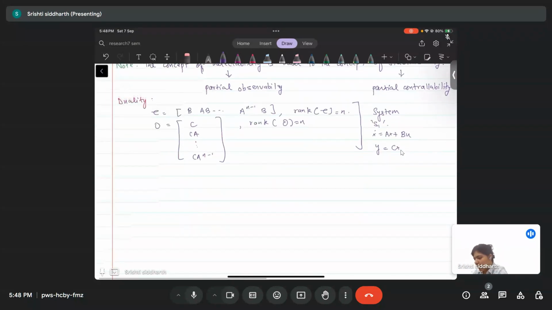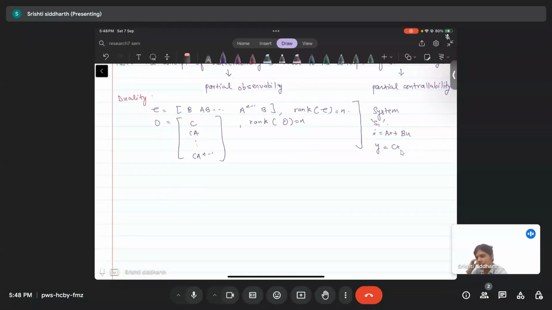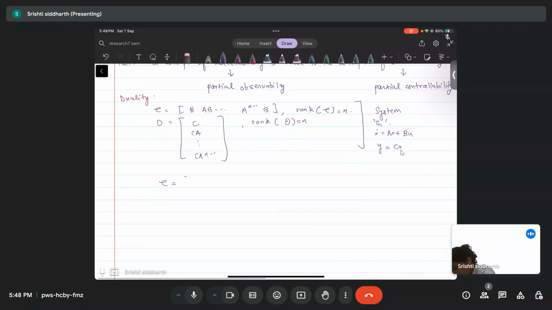And now let's define another system S2. For that case, the controllability matrix is formed by the A and B matrices for the system S2, which are related to the C and A matrices of S1. So I'm going to write this down as C transpose, A transpose C transpose, all of it, A transpose to the n minus 1 and C transpose.